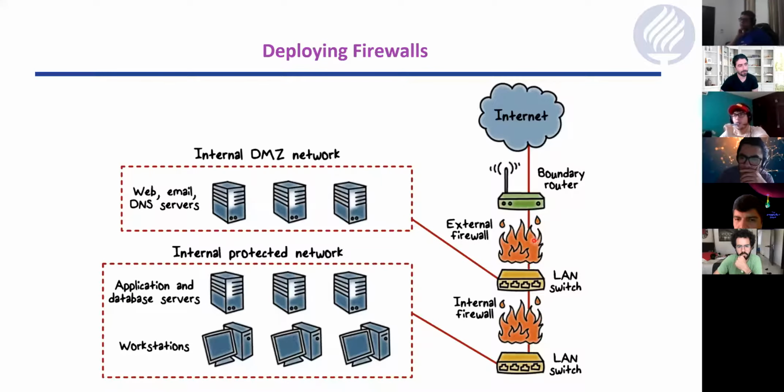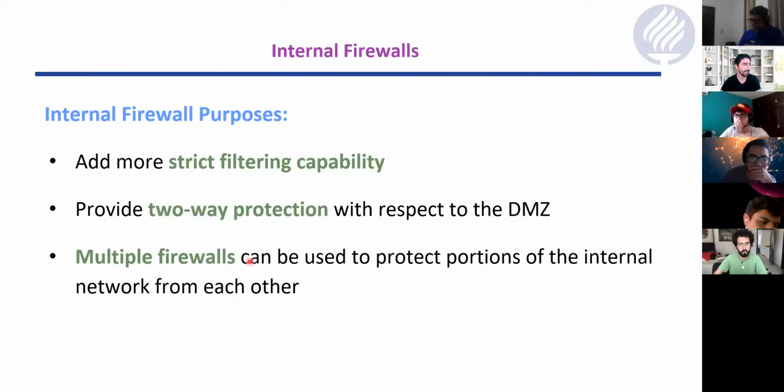You can have one firewall for your demilitarized zone and then another firewall for your internal protected network. So you can basically add different layers of security. Those internal firewalls can provide strict filtering capabilities and two-way protection, as I mentioned, for internal inbound and outbound traffic, even for your DMZs.